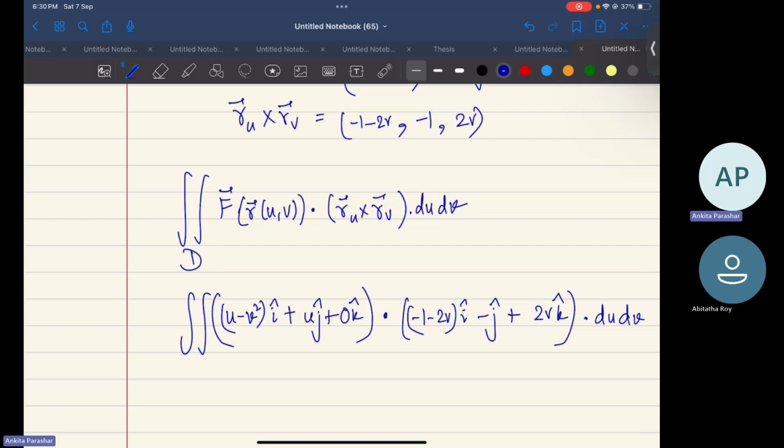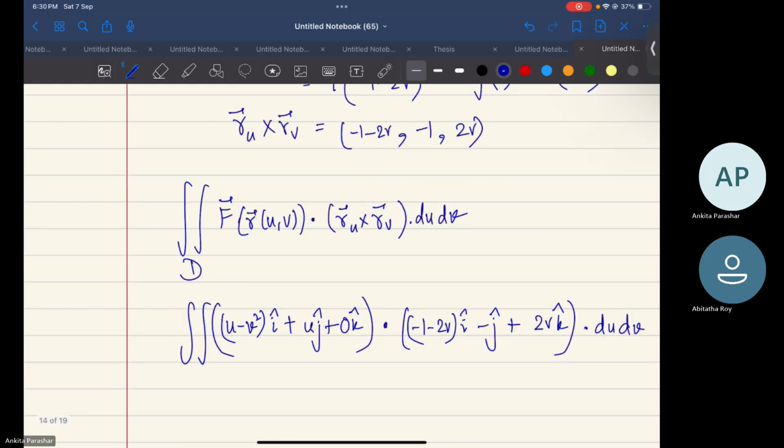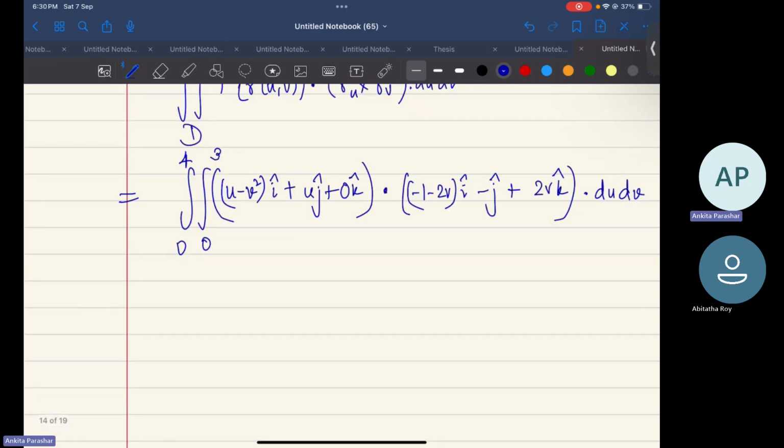And we know the region. u is from 0 to 3, v is from 0 to 4. Can you do it?